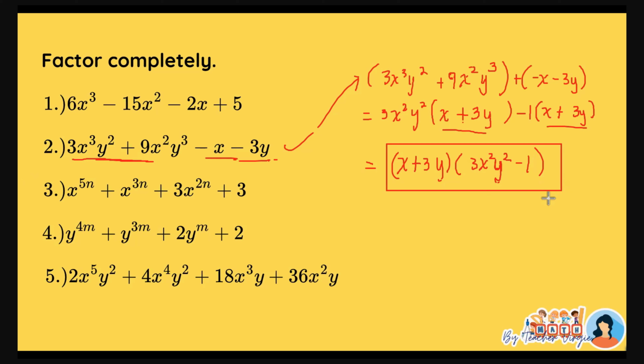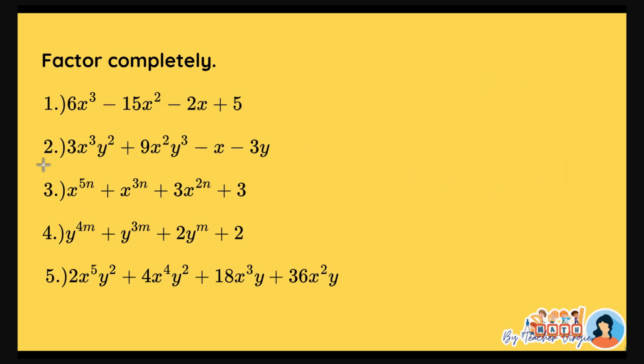For number 3 and number 4, if you notice, they have expressions in their exponents. We had already problems like this in factoring by GCF. Make sure you remember how to simplify like terms and apply the law of exponents for multiplication with the same base.